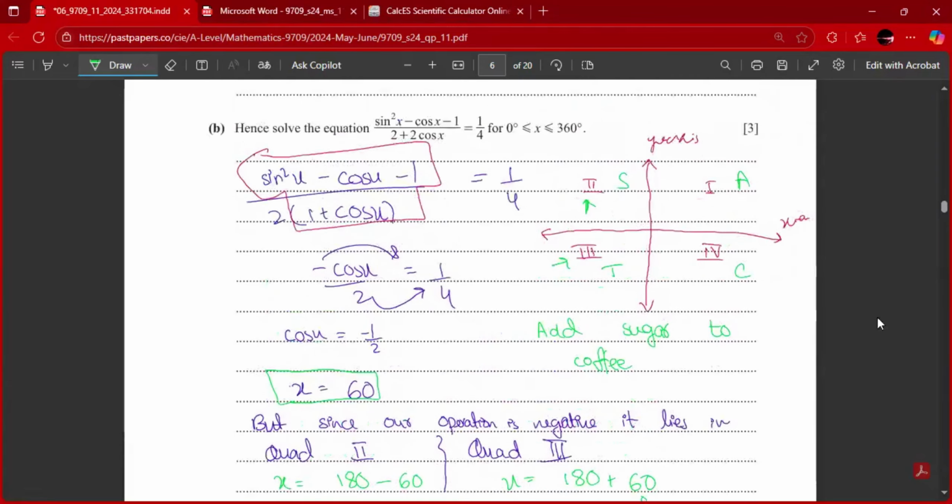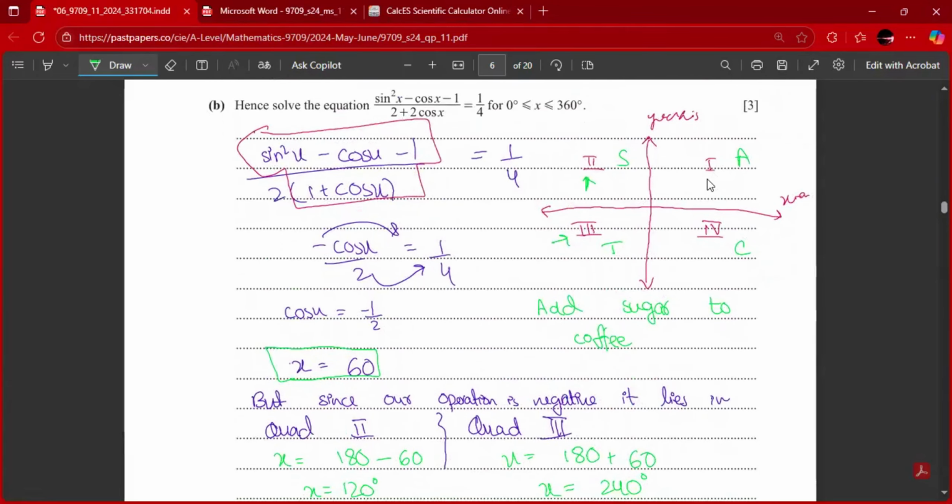Okay, so let me just tell you. When it's in this quadrant, x is equal to the value we have found. Let's just say it's x dash. And if in this quadrant, it's going to be 180 minus our x dash. And if it's in this quadrant, it's going to be 180 plus x dash. And if it's in this quadrant, it's going to be 360 minus x dash.